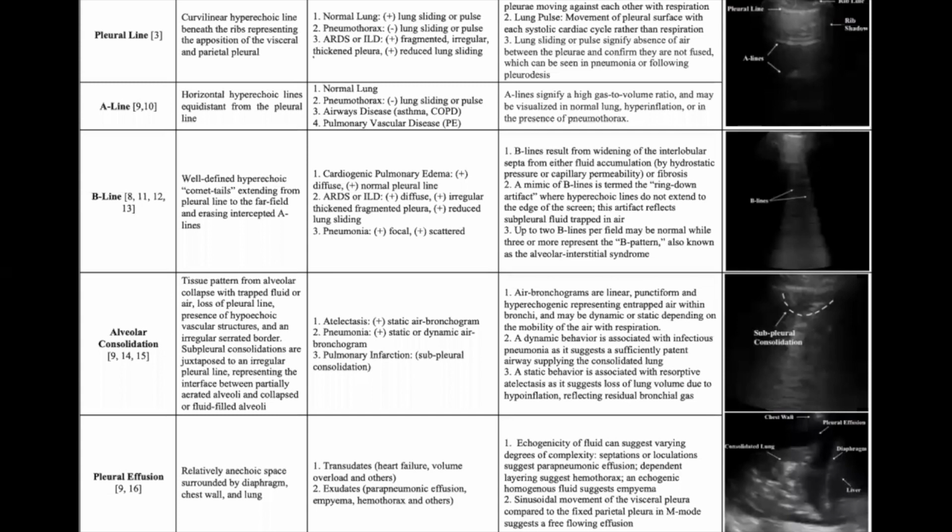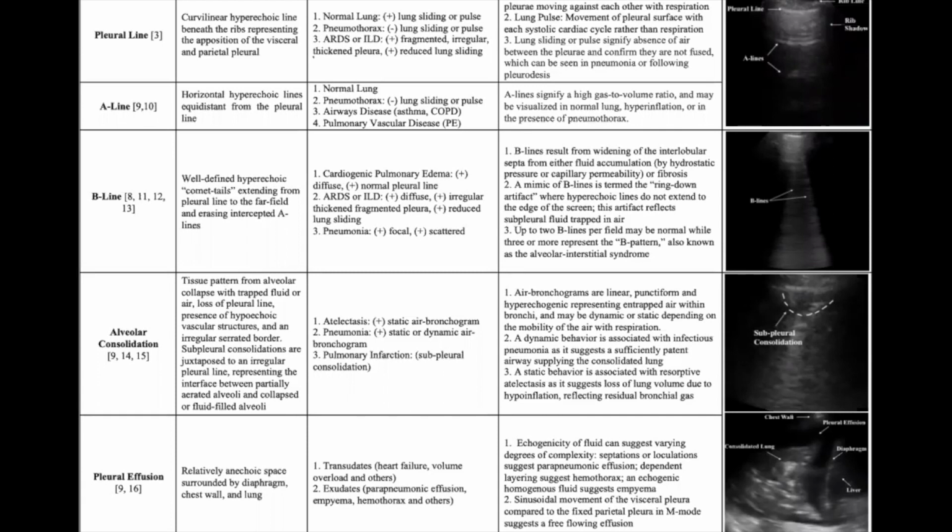So this is table 1 from our review, where we summarize what we refer to as the foundational sonographic signs of lung ultrasound. And they comprise the pleural line, A lines, B lines, alveolar consolidation, and pleural effusion.